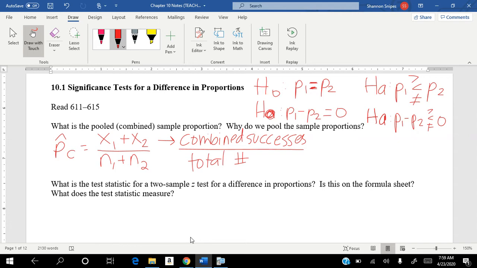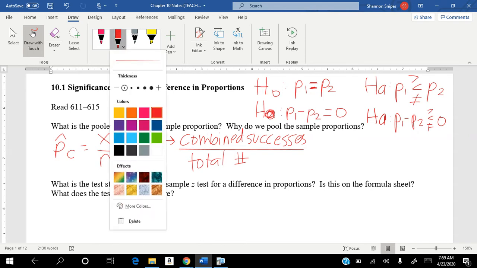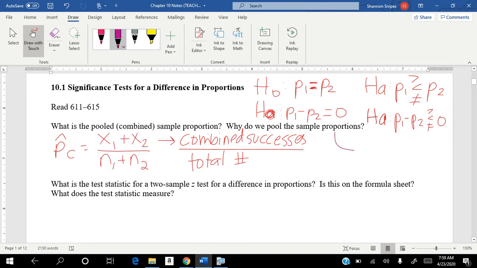All right, so why do we pool? We pool when we are going to assume P1 is going to equal P2, which, as you can look right above, is your null hypothesis up here.